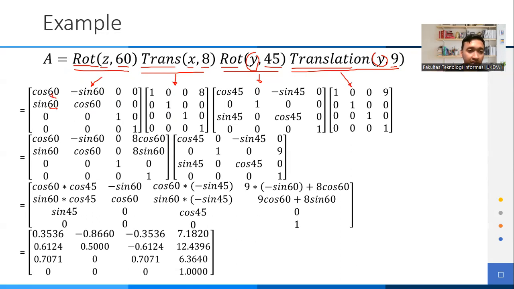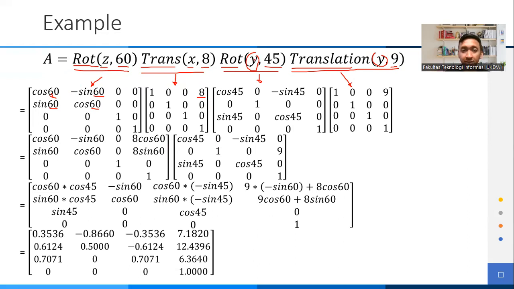This is for the degree. This is for the degree. And we can also see the transformation matrix for rotation in the z-axis, and we can input the degree. And for translation, we only change in this place for the 8, same as the transformation matrix for translation in 3 dimensions.